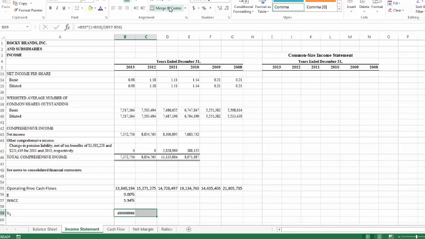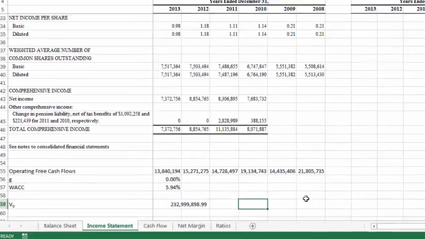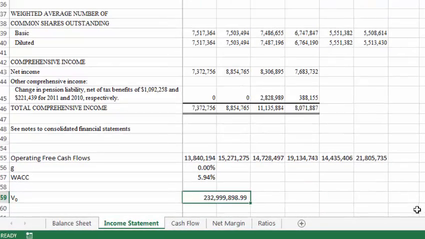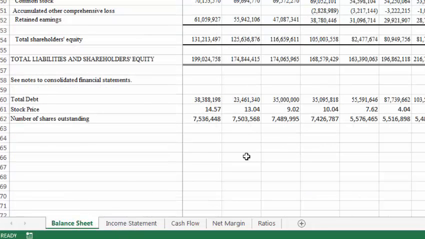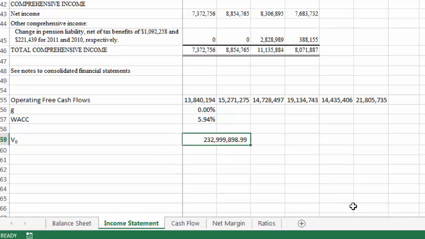Actually, just so that I can see what's going on, let me do it that way. So $232 million. Now what's interesting about that number, by the way, is now let's compare that to the total assets. The book value of the assets are $199 million, and I'm estimating $232 million. Now, by the way, note that if we get a negative g, and negatives are less than the R sub S, or in this case the WACC.